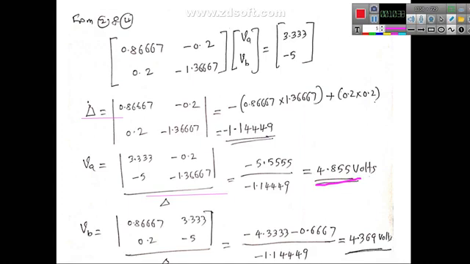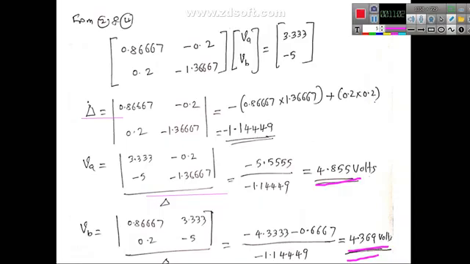Similarly for VB, you replace this column by this value, take the modulus of that divided by delta, and it will be 4.369 volts.